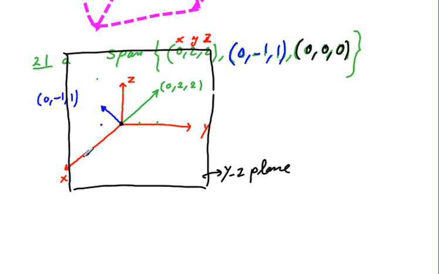That is, I can't travel in the x direction, because none of these vectors let me travel in the x direction. They don't have any component coming this way. They have components in y and z, and these two vectors, just visually checking, are independent. One of them is not a multiple of the other one. They are not lined up. So this back plane can be arrived at.